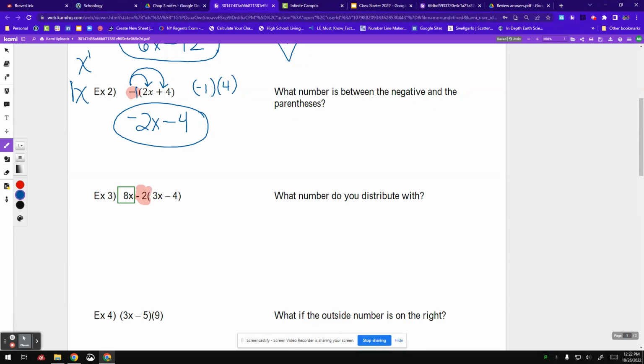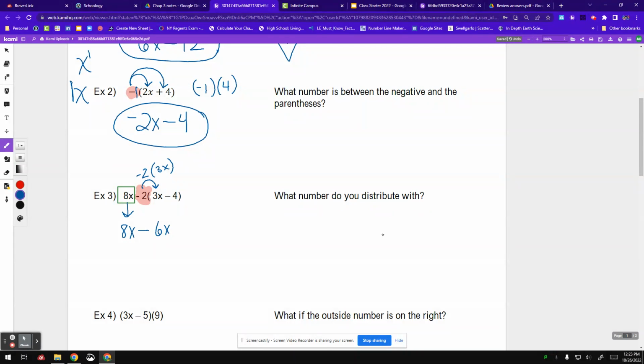We only distribute the number that's directly next to the parenthesis. And you need to remember that the sign in front of it goes with it. So this is a negative 2 times 3x. What do I do with this 8x? Just bring it down. Negative 2 times 3x is minus 6x.